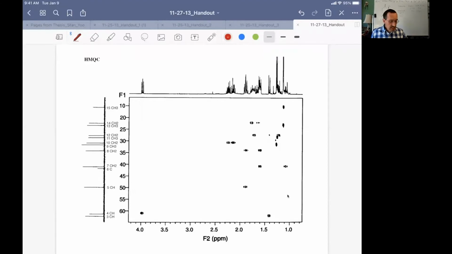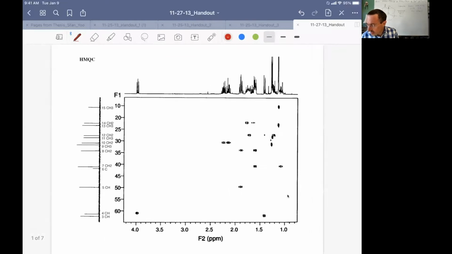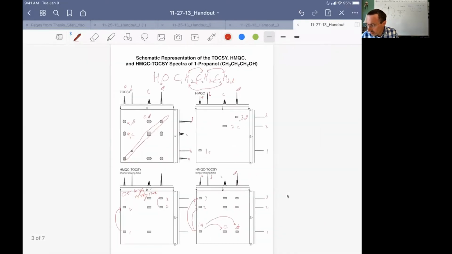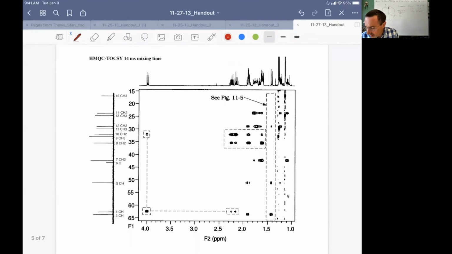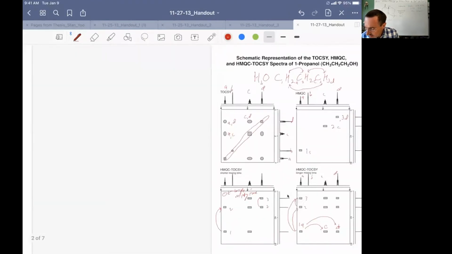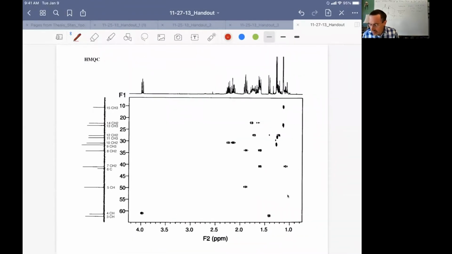All right, so this is the HMQC spectrum of the molecule, and I want to show you what a mess the proton spectrum is on the F1 dimension. So we've numbered our carbon resonances here, and carbon number 1 and carbon number 2 are quaternary. We'll see them in a moment, but they're at 80 or 90. So I'll just jot this down over here.